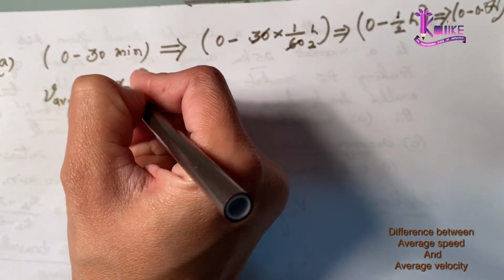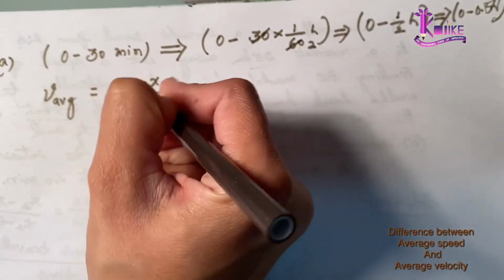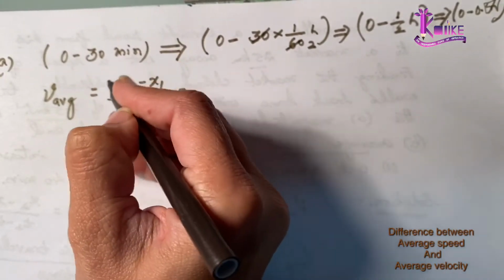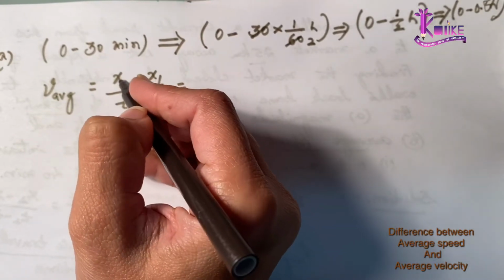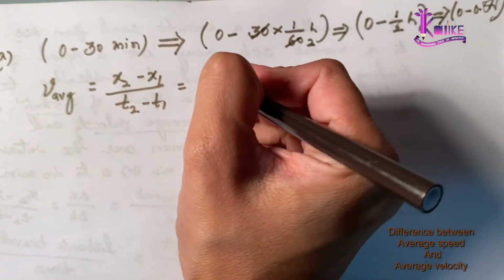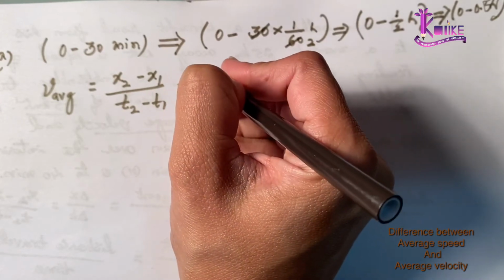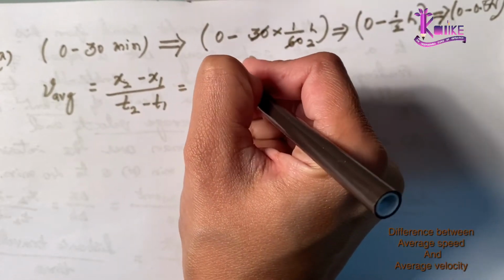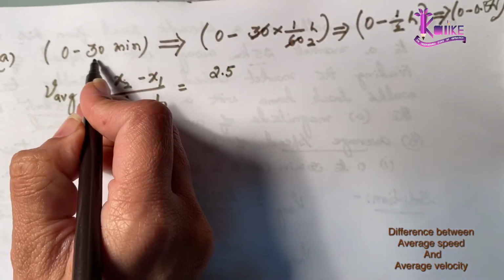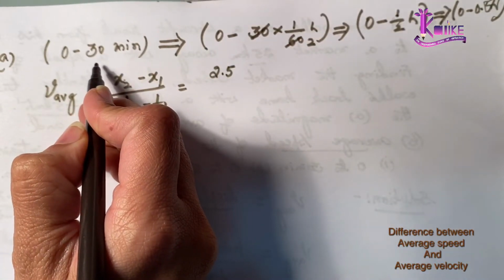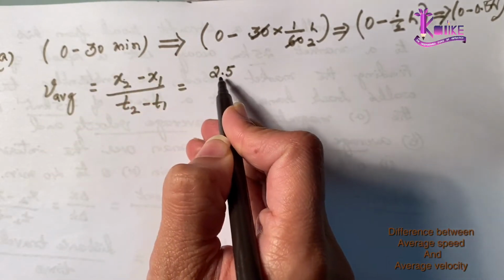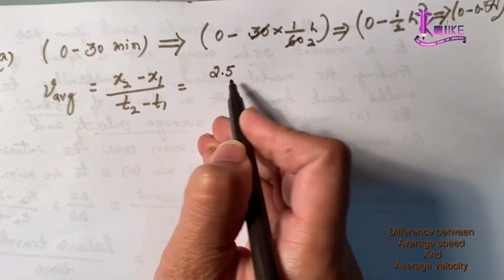So let us calculate the average velocity. Average velocity is x2 minus x1 divided by t2 minus t1. x2 is the final position. So he is at a distance of 2.5 kilometers away from his home. So market is the final destination. So 2.5 because he takes 30 minutes to reach the market. So since he takes 30 minutes to reach the market, his final destination is 2.5 kilometers away from his home.